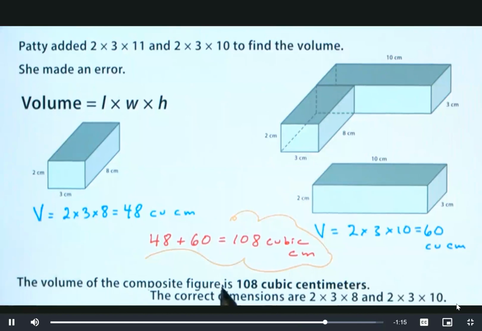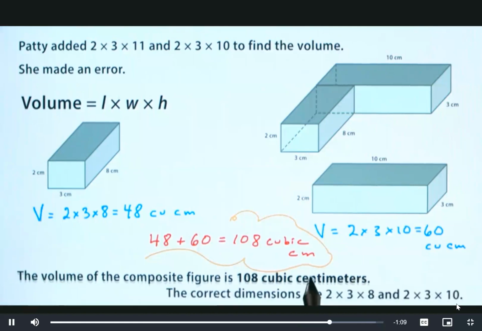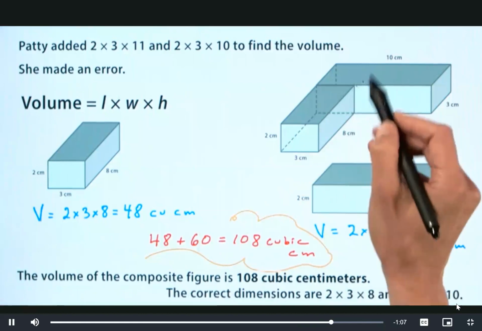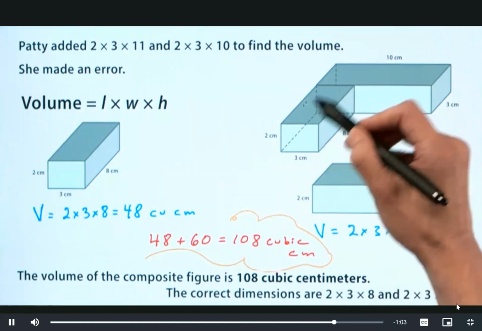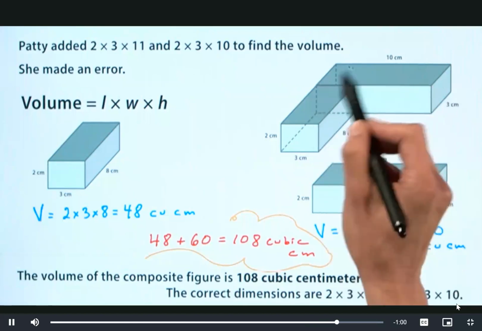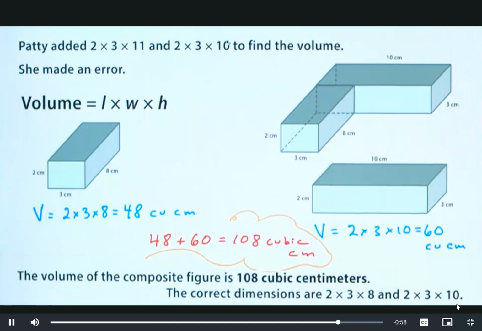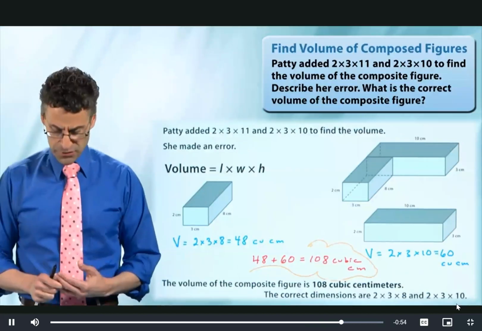And so what we see is that Patty's small error was the fact that she overcounted the volume of that kind of inside portion. When she took the 8 and then added the 3, she found the volume all the way out to there, but then she found the volume all the way out to here, so she double counted that. So this is a little bit too big. But great guess, because she was really thinking through it, but she wasn't thinking through it all the way.